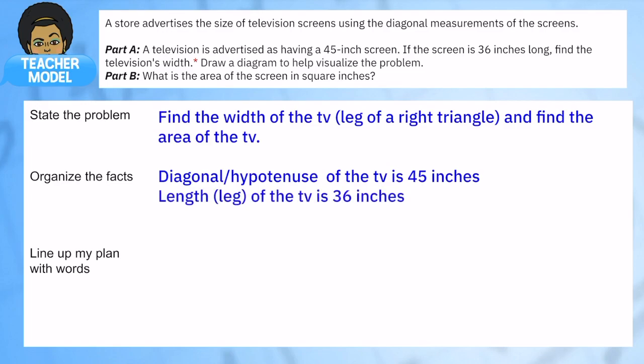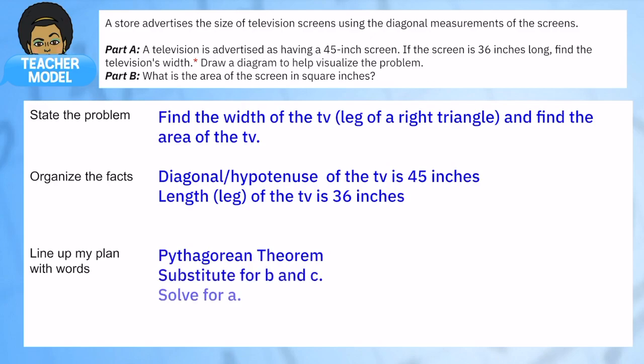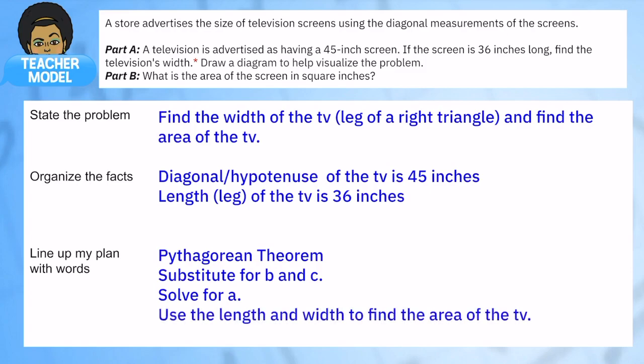We know the length of one leg is 36, so we just have to figure out the other leg. We're going to use our theorem, substituting B and C to figure out A. Once we have A, we'll use that to find the area of the TV. Easy peasy. Hit pause so you can jot this down into your notes and we'll put our plan into action.